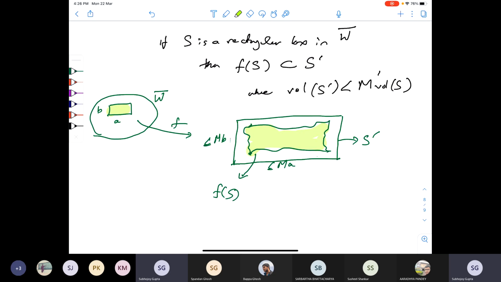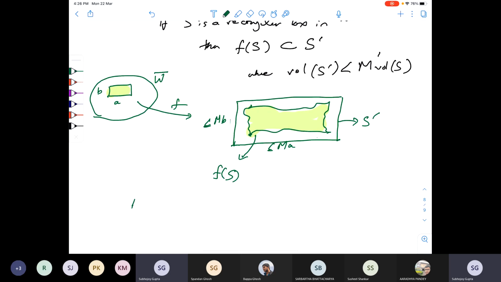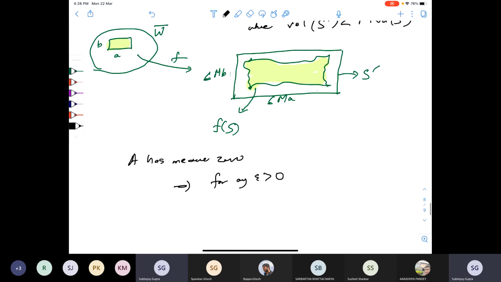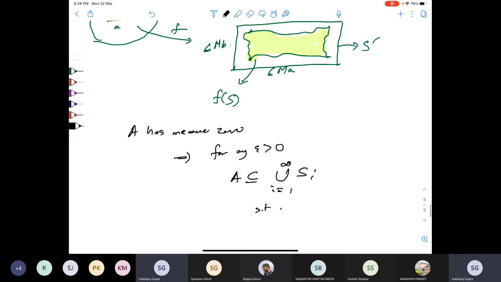In particular, since A has measure 0, which is the assumption, for any epsilon A can be covered with these rectangles such that if you add these volumes up, it's less than epsilon.